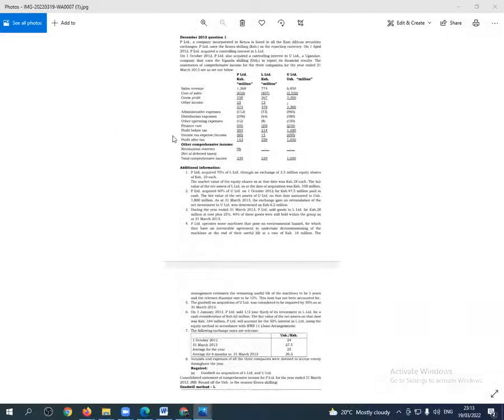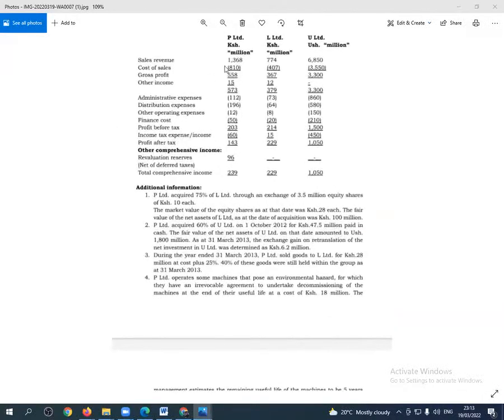For revenue, I have 1368. Remember that's for the parent. For the parent, I always take the whole of it, plus L Limited. L Limited was our subsidiary for how many months?